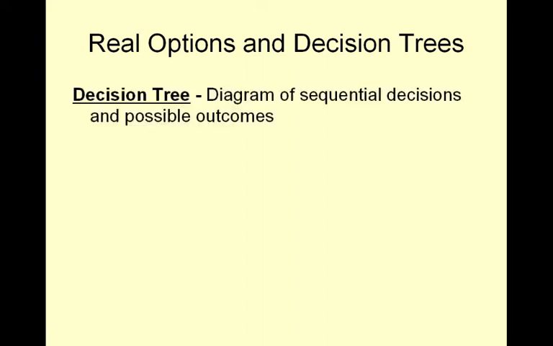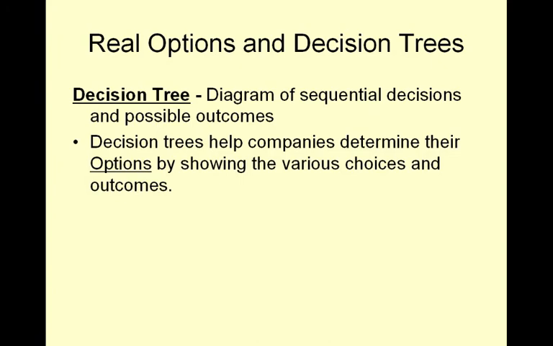The last decision analysis technique in this session is the use of decision trees, which is related to the concept of real options. A decision tree is a diagram of sequential decisions and possible outcomes. Decision trees are used to help companies think about the fact that every decision they make affects the options that are available to them in the future.